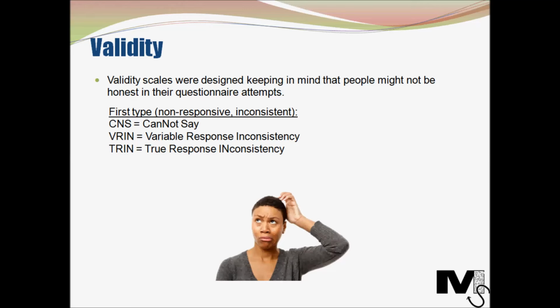The CNS measures the number of cannot say responses, and the VRIN measures people responding without properly reading questions, and TRIN measures fixed response patterns, which is again a measure of people not reading questions.